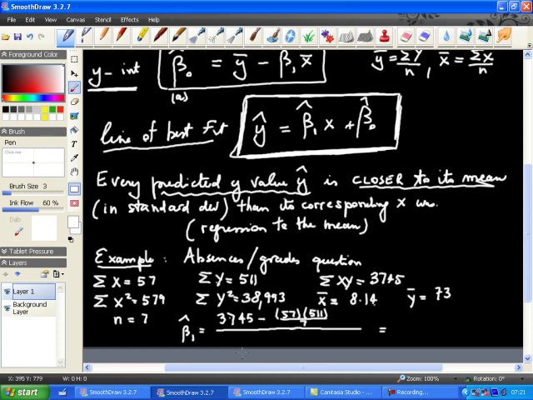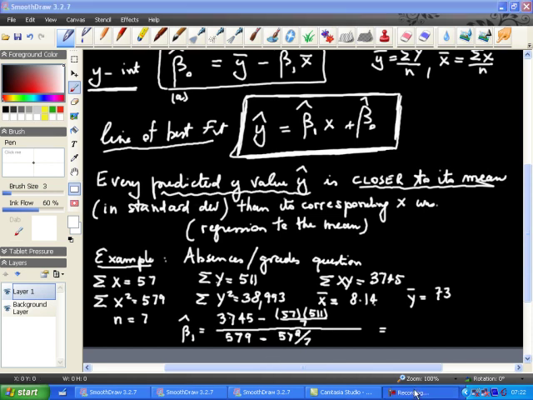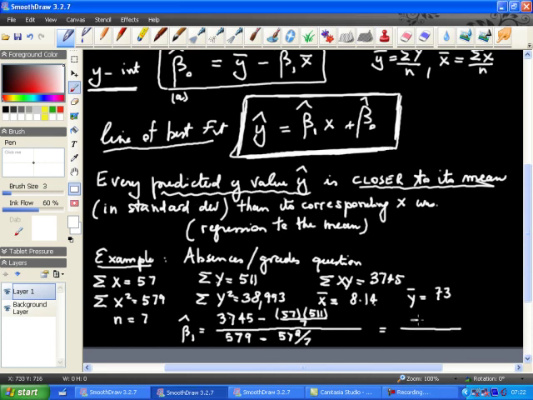And then the denominator is the sum of x squared, 579, minus the sum of x, squared, divided by n, so minus 57 squared divided by 7. If I compute the numerator, I come up with minus 416, and if I compute the denominator, I come up with 114.857, etc. And if I divide the two, I get minus 3.622.